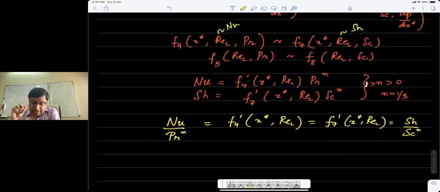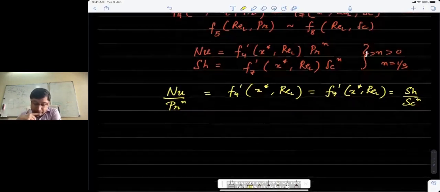Basically, I'm saying mathematically, since the forms are the same, and Prandtl and Schmidt have been dissociated from the main function, then these remaining functions, f4 prime and f7 prime, should be the same functions. They cannot be two different functions.